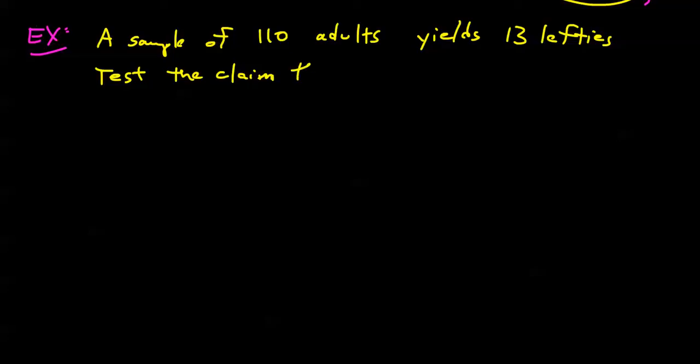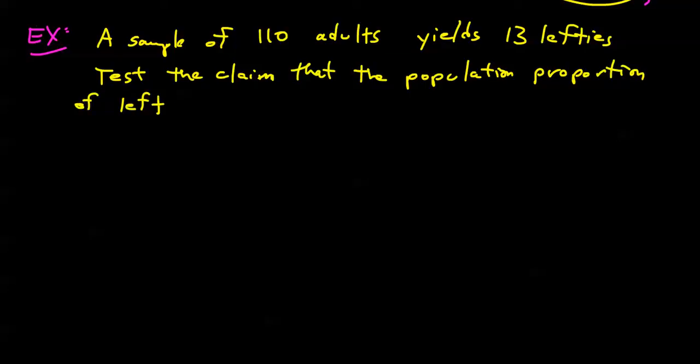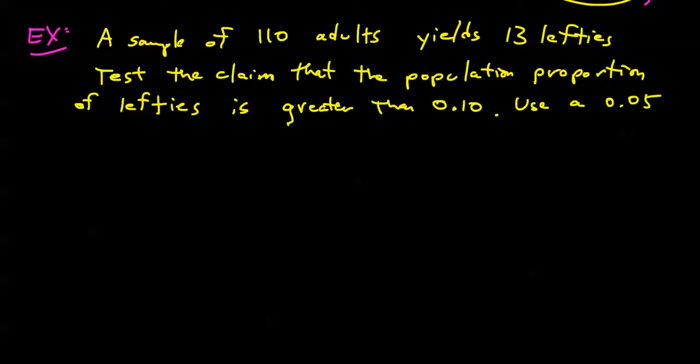Test the claim that the population proportion of left-handed people is greater than 0.1. And use a 0.05 significance level.